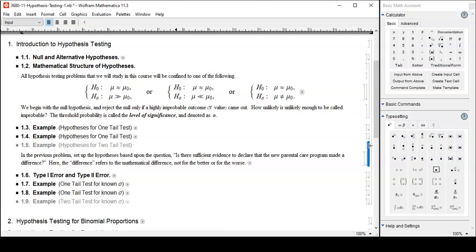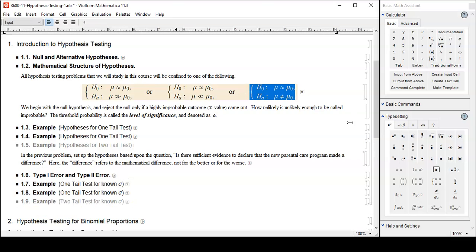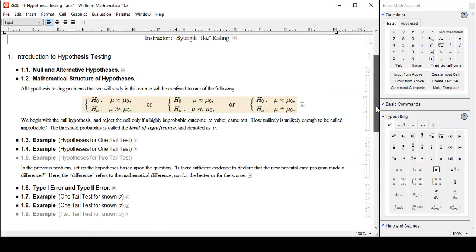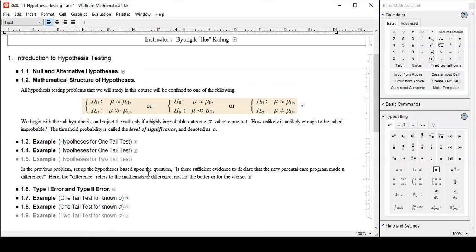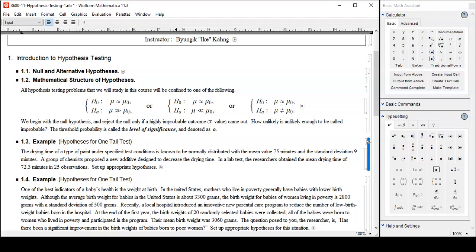The third example here is about case number 3. I don't like this very much, but here it is anyway. In the previous problem, the set of hypotheses was based upon the question: is there sufficient evidence to declare the new parental care program made a difference? Here, difference means mathematical difference. I cannot really think of any realistic example to apply this, because in any case, the sample mean is already there, 72.3.